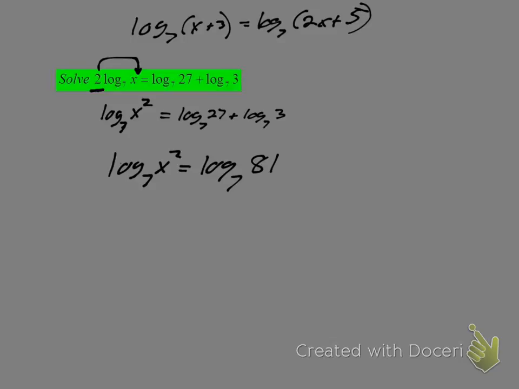Now that you have a log on each side with nothing in front of either log, you can do what you did in 7.4, which is drop your log. So now you have x squared equals 81.